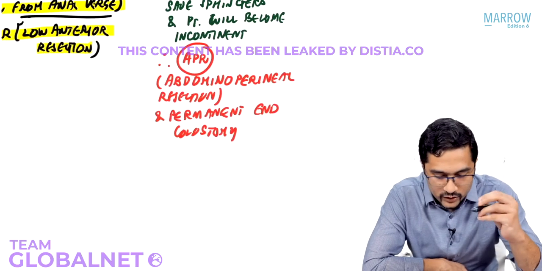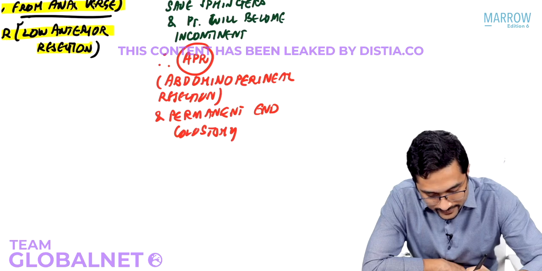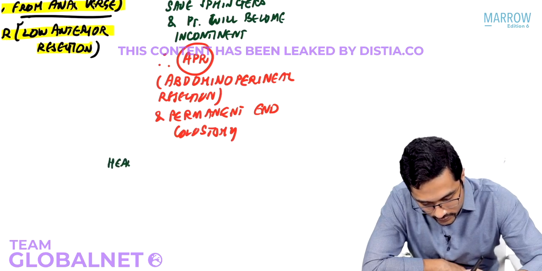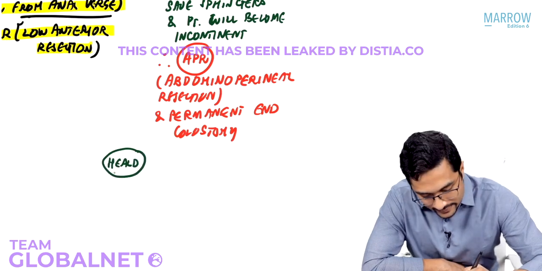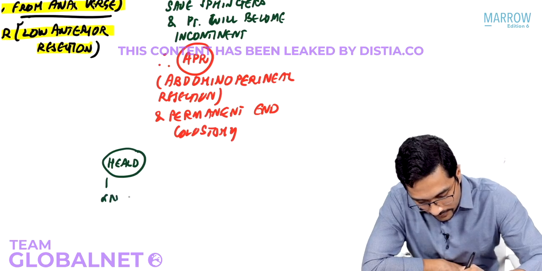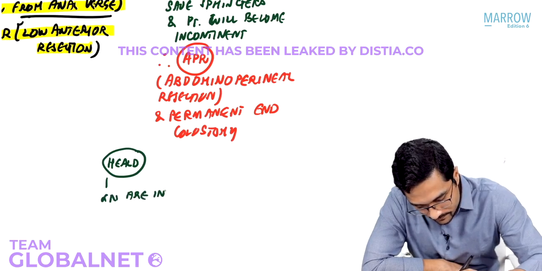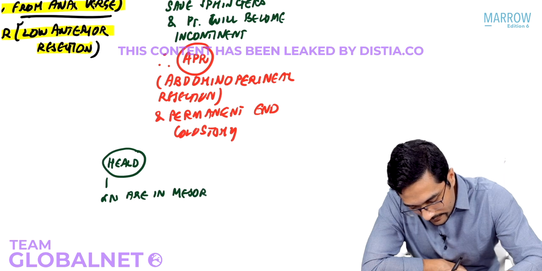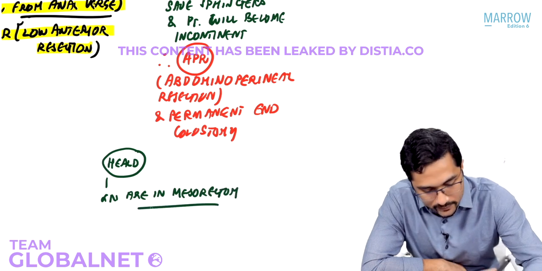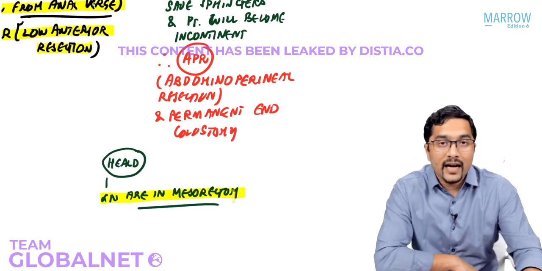One more point which I want you to understand here is that there was a surgeon by the name of Heald. Heald said that the lymph nodes are in the mesorectum. And he had observed that if you leave the mesorectum behind, there is a very high recurrence rate.